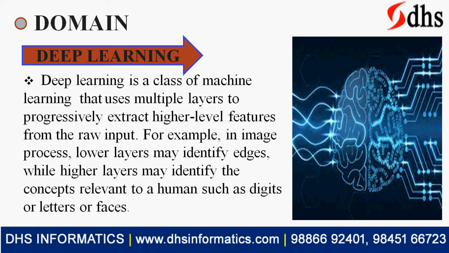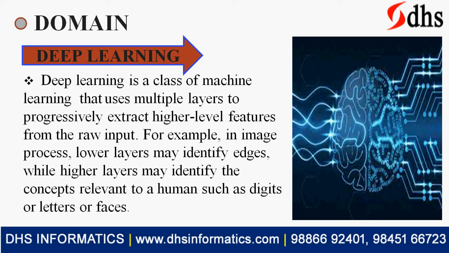This project comes under the domain of deep learning. Actually, AI, artificial intelligence, has a subset called machine learning. The subset of machine learning is deep learning. Compared to artificial intelligence, machine learning is an advanced concept. Compared to machine learning, deep learning is a more advanced concept. Deep learning, we can call it a neural network.